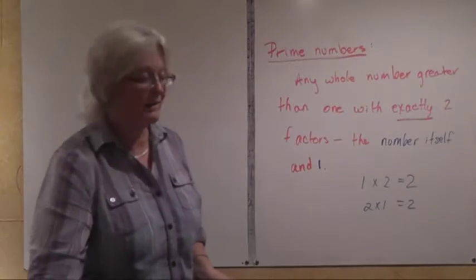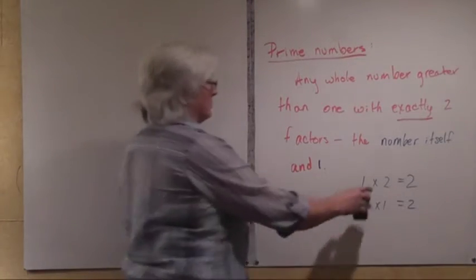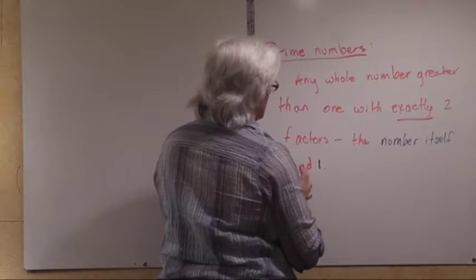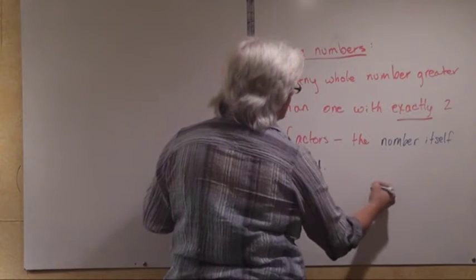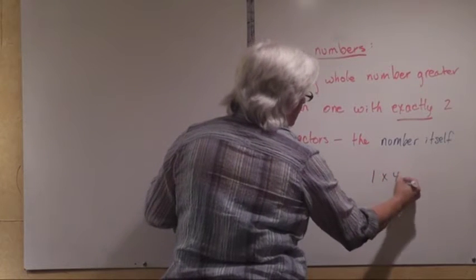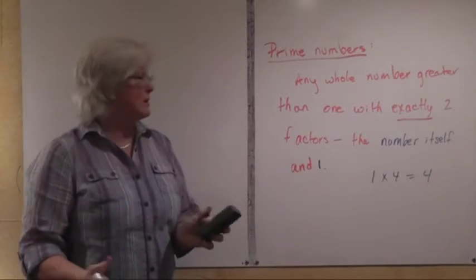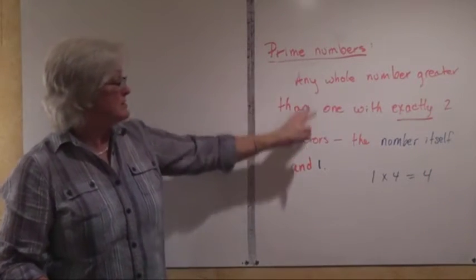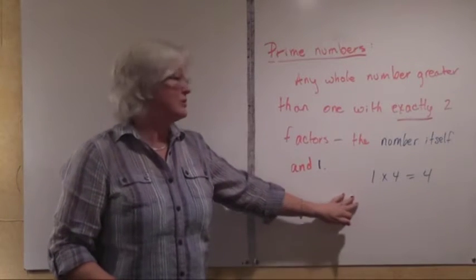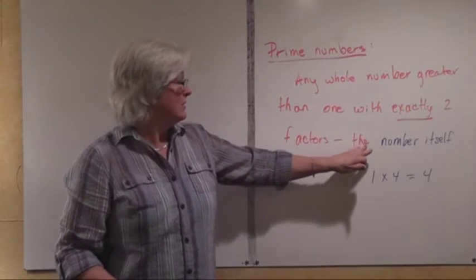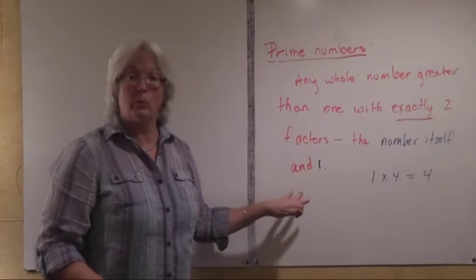4, on the other hand, is not a prime number. Because how can you arrive at 4? Well, you can say, of course, that 1 times 4 is equal to 4, which fits our first part of our definition here. It says the number itself and 1.